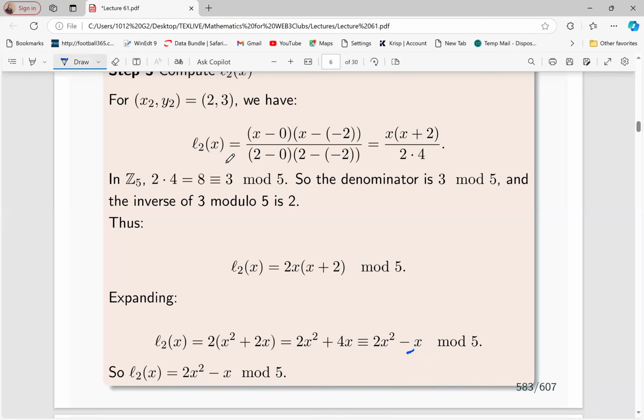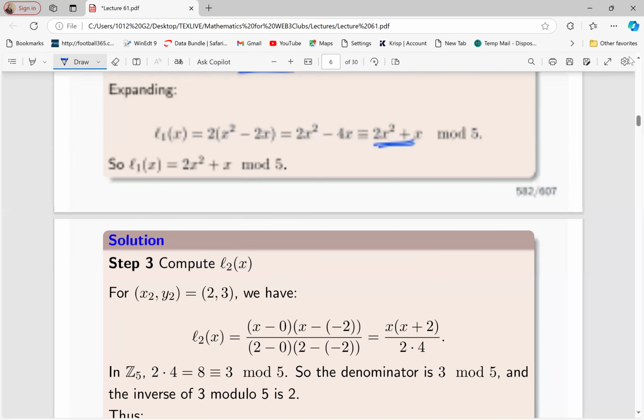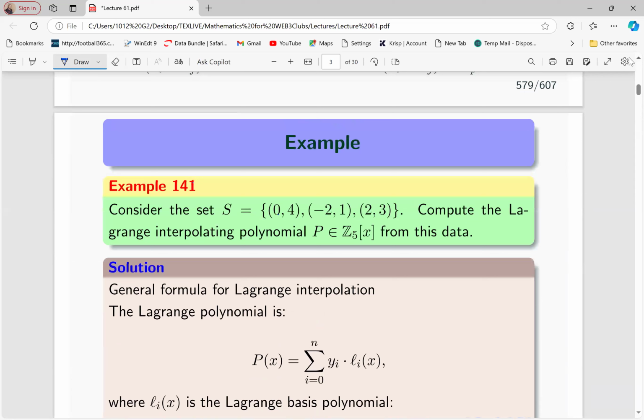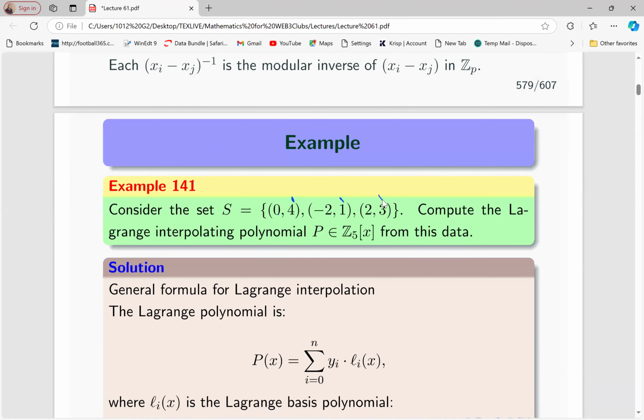Now, let's check what were the corresponding values of y, so that we multiply by each of them. L naught of x will be multiplied by 4. L1 of x will be multiplied by 1. L2 of x will be multiplied by 3.